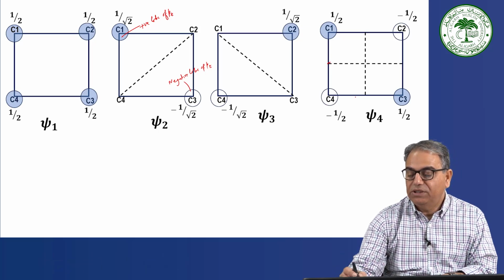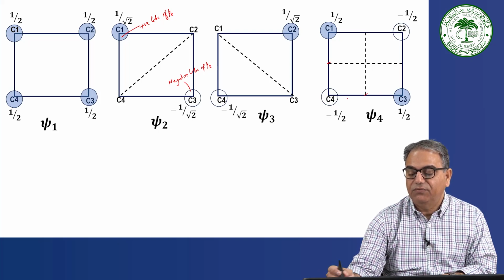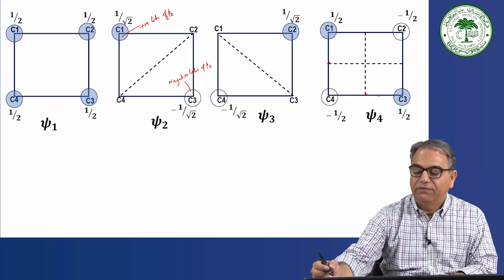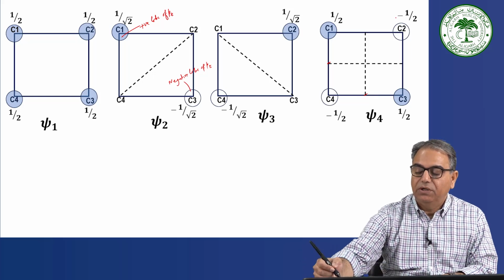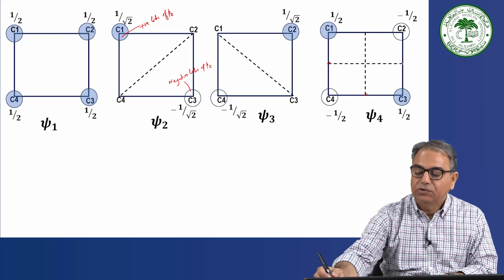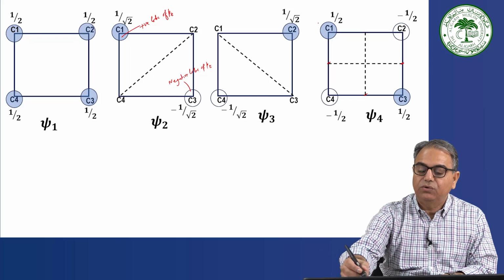From C4 to C3, here also you will have a node, because it's minus half, it's plus half. From C3 to C2, again plus to minus, so a node is here also. From C2 to C1, again a change in sign, minus to plus, so you have a node here.